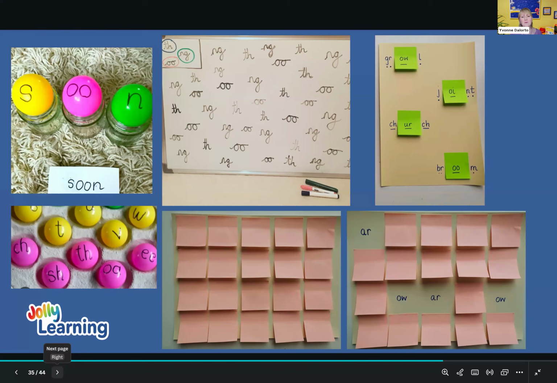Again, with the post-its, you don't have to have fancy games or anything, the post-it games, to look for pairs, to also think of words. You can extend it or minimize it as much as possible. And also where you can see the missing digraph, what works, the grow, and we've got joint, urge.